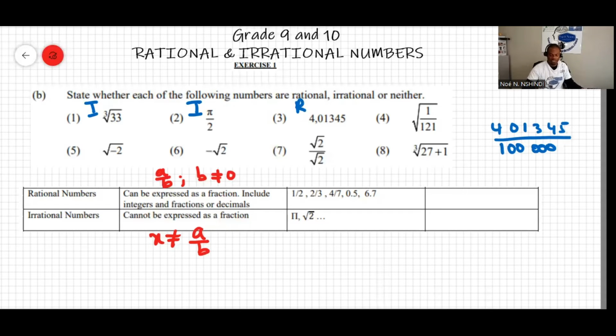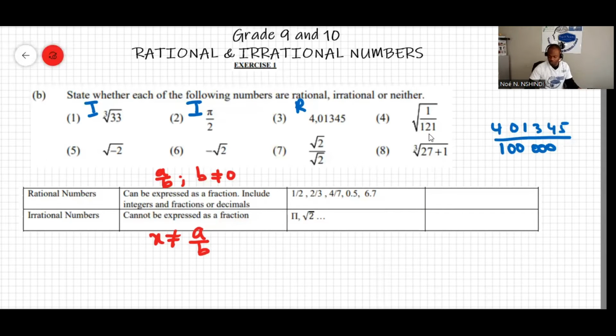Then, what about square root of 1 over 121? If you rush to answer this question, you may say this is irrational. But let's first see, can we simplify this?